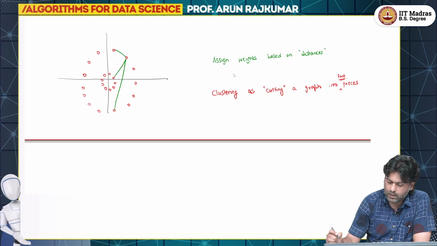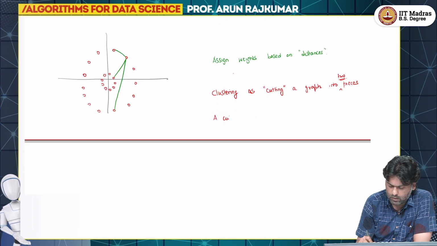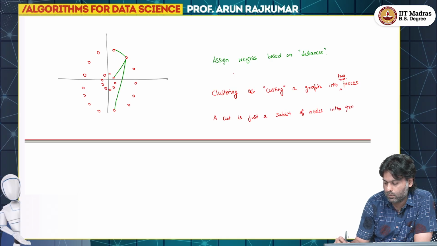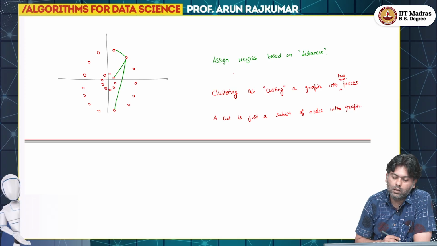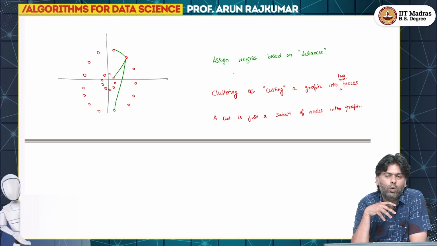So, a cut is just a subset of nodes in the graph, right. And now I want to know what is the best way to cut this graph into 2 pieces such that I get the clustering that I want.